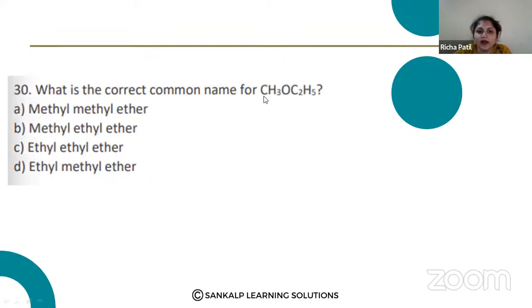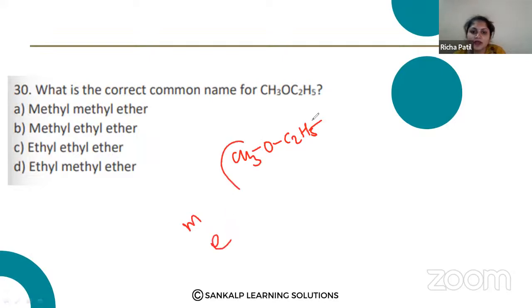What is the correct common name for this particular molecule, CH3OC2H5? It is not B. See the name: does M come first or E come first? This is a methyl group.